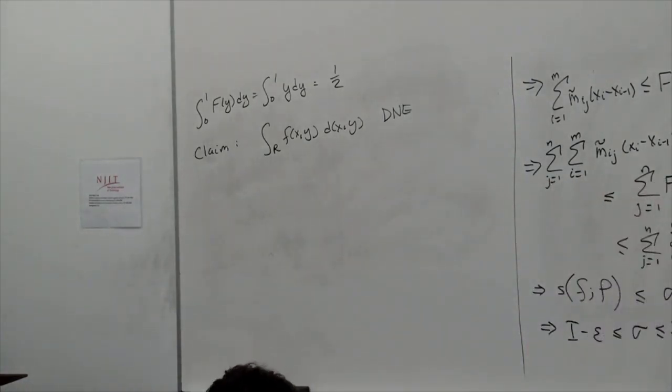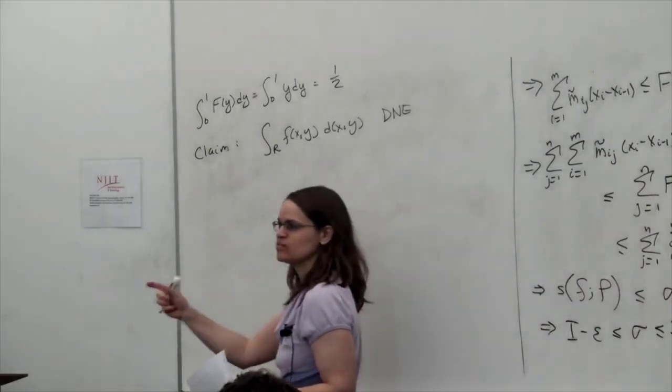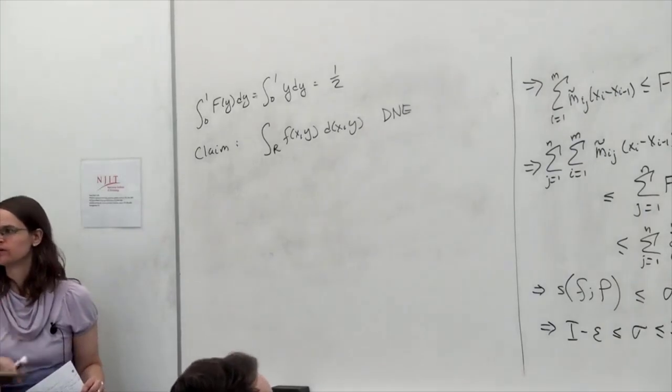So what I'm going to do is just come up with a partition, or a sequence of partitions, on which the upper sums and the lower sums do not agree with each other at all. They're just far away from each other. And as you take limits, as you refine the partition, they just stay far away from each other. That would show that the integral does not exist.